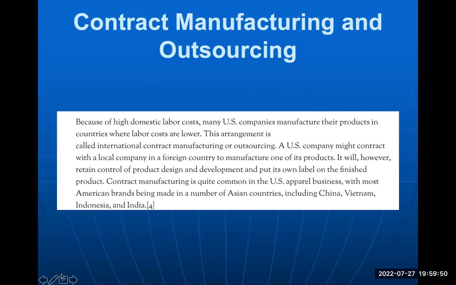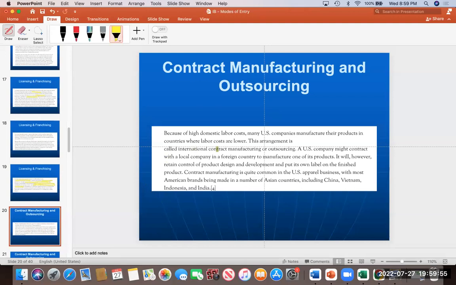So let me highlight a few things here. You can just use the term outsourcing. One company contracts another in a foreign country to manufacture one of its products. It doesn't have to be one.